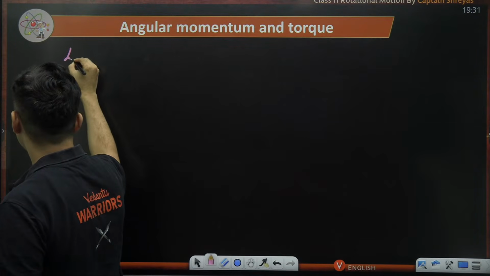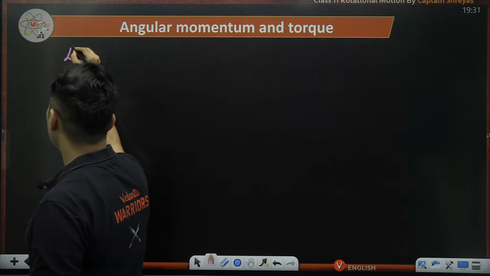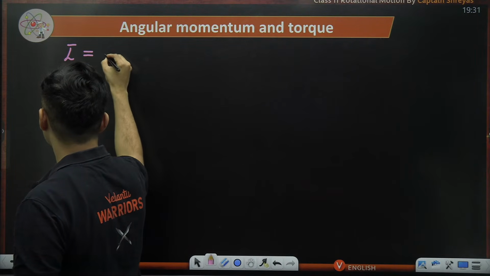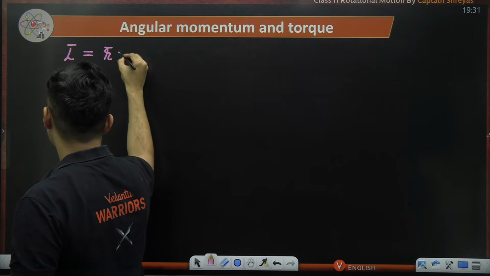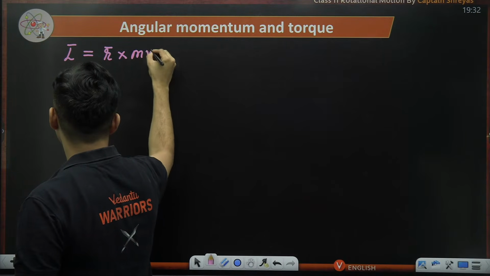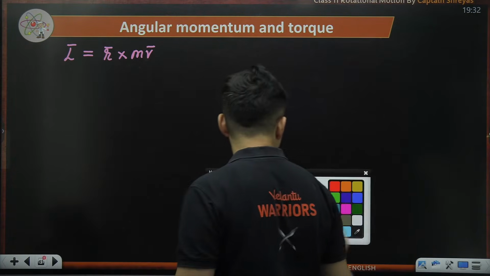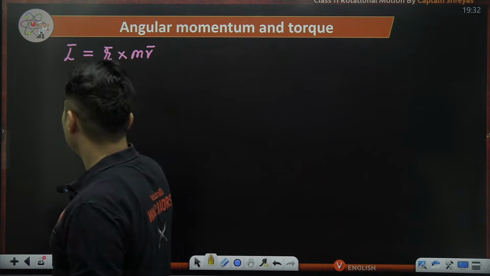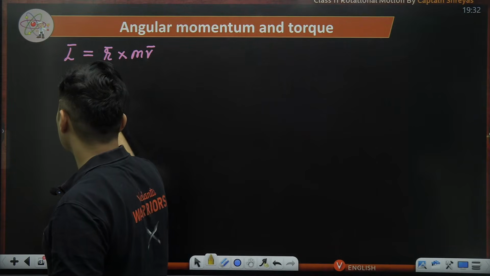If you take the angular momentum of any particle, it is nothing but r cross mass into velocity. Now I'll do one thing: let's differentiate.